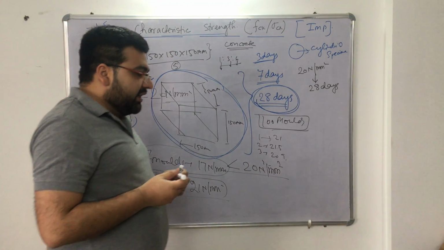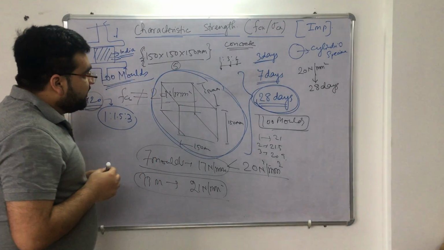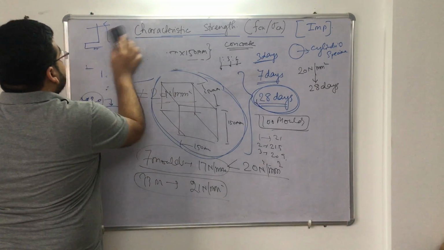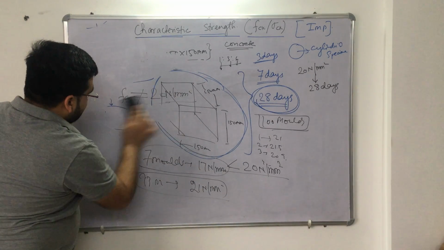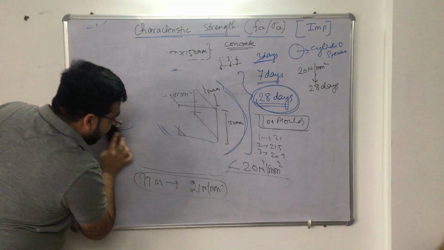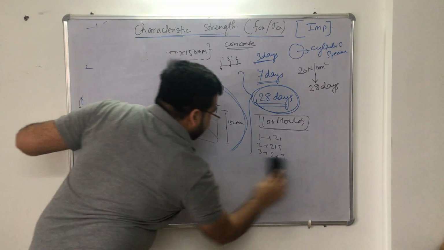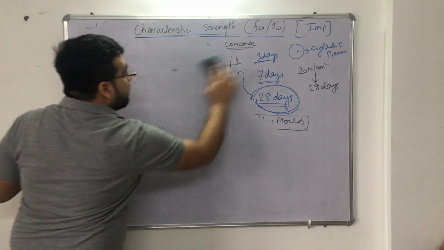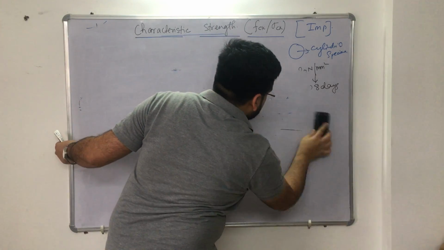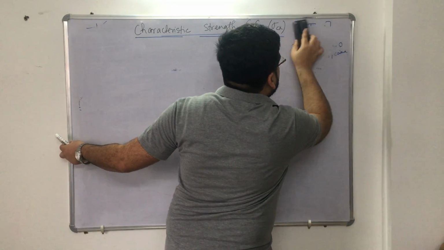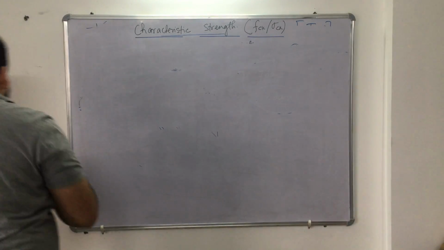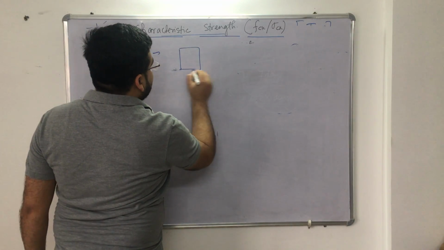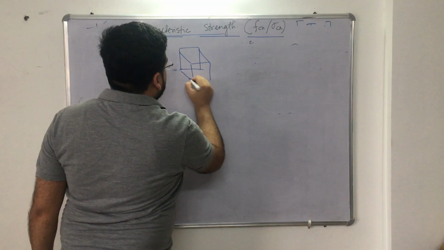Now the question is, let us say you have a cubical specimen. And this is important. So in India, we have a cubic specimen of 150 by 150 by 150.